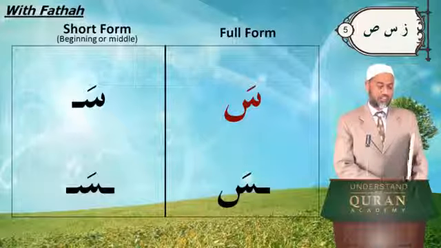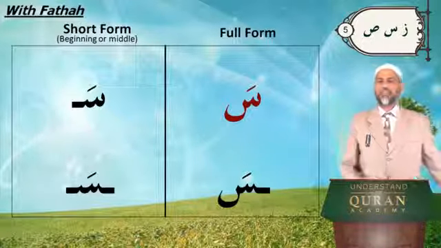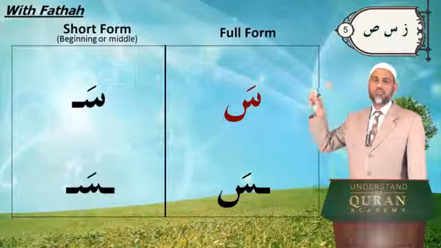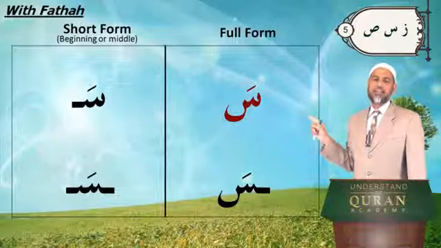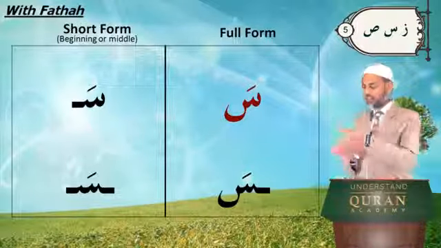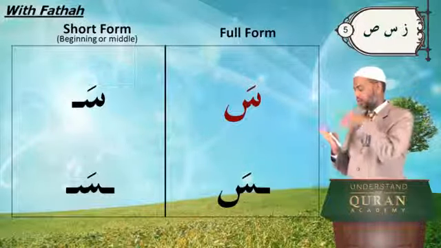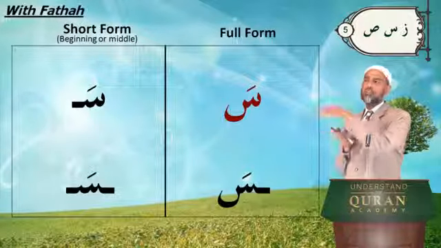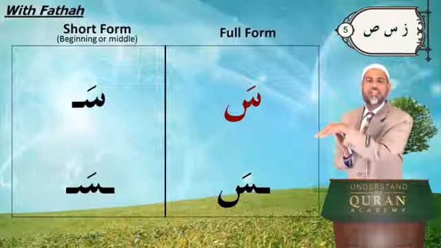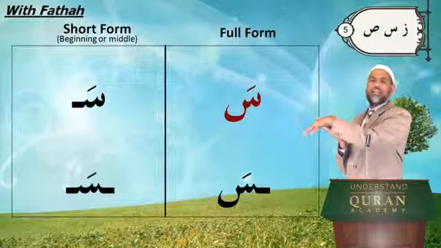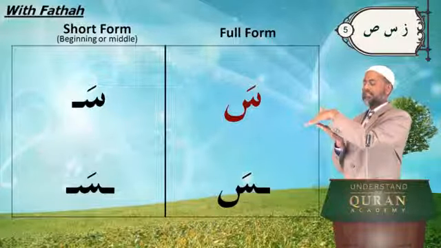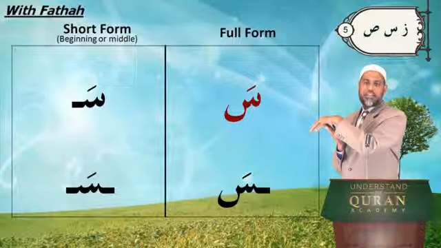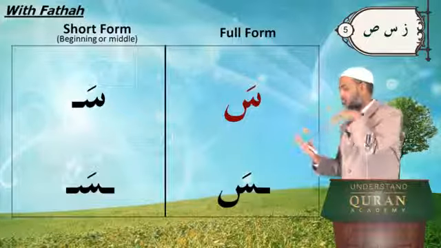Now let's practice sin with fatha. Sa. Fatha is always on the top. Okay? Sa. Touch the tongue to the edge of the lower teeth. Don't touch it on the top. You can take out the sound of sin by touching the tongue tip to the top, but touch it to the bottom.